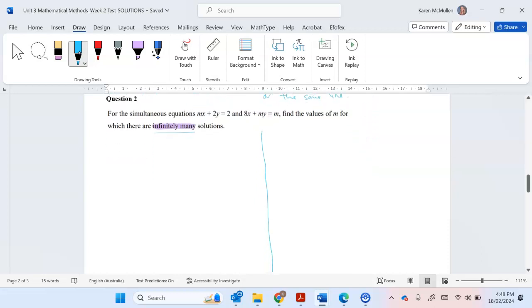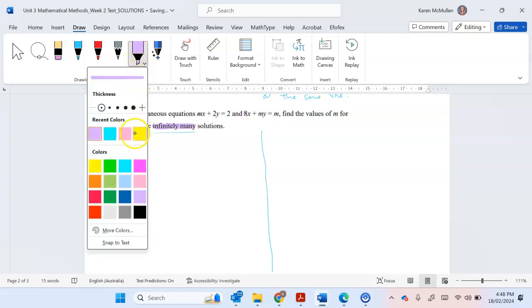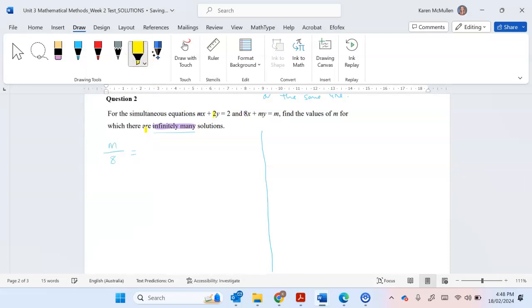All right, so with this question here, we've got the coefficients of x, so this m here, over 8, and then the coefficients of your y. So we don't do the constant just yet, just those 2, because that's going to tell us about our gradient. 2 over m.